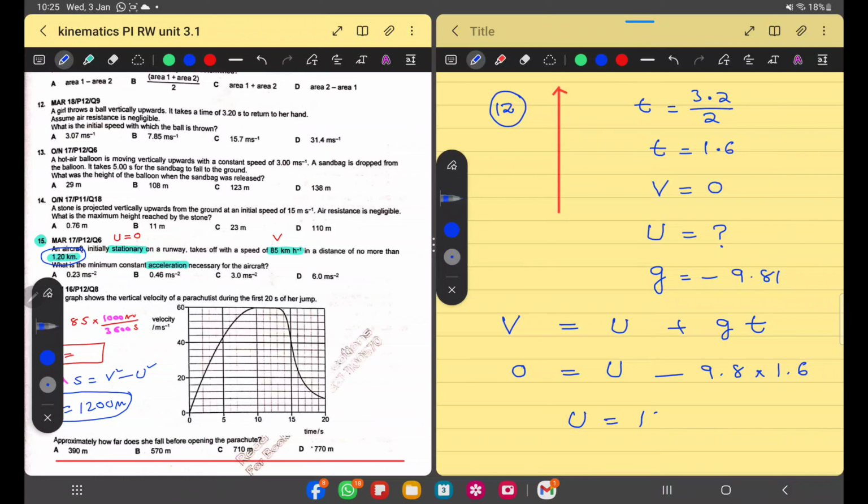Initial velocity is 15.7. It is question number 12. If you have noted, then okay, we will start the next question. Otherwise, I am waiting.